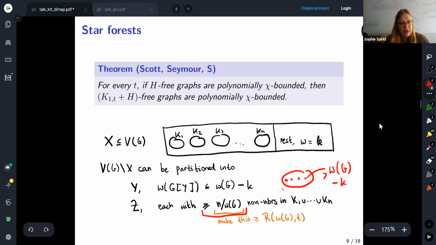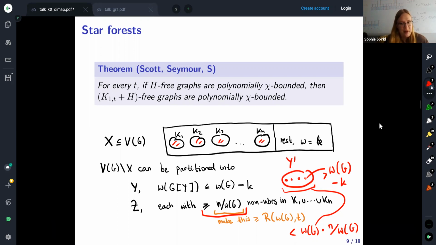Together, these vertices will have a non-neighbor in at most omega of G times something less than this, because each of them has less than N over omega of G. So in total, the number of these sets where any vertex in my new clique, say Y prime, has a non-neighbor is less than N. So Y prime has to be complete to one of these cliques. And since each of them has size at least K, we have a clique, for example maybe this one, of size more than omega of G, a contradiction.